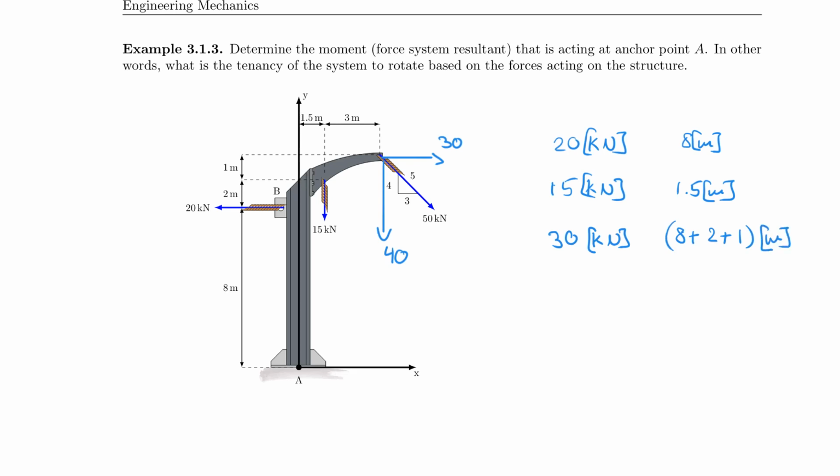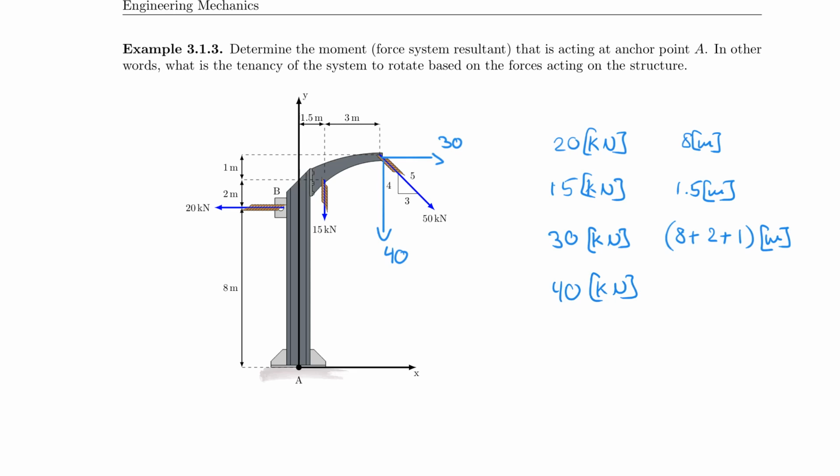That would mean that we're looking at this point here for 30. The 30 has a line of action that is along this line here. The perpendicular distance to that would be from here to here, which is 8 plus 2 plus 1, so we're looking at 11 meters here. Last but not least, we have the 40 kilonewton.